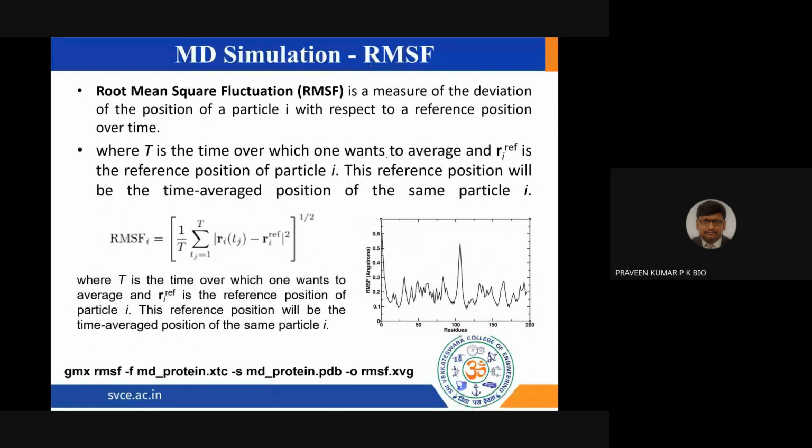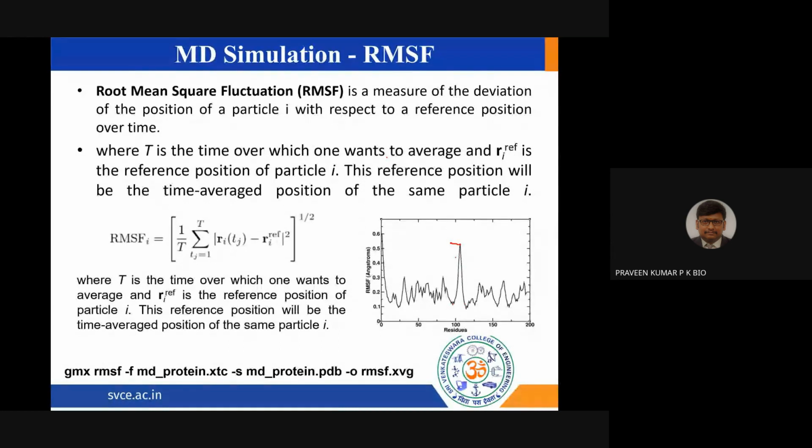And MD simulation RMSF, root mean square fluctuation. Actually, this is a measure of the deviation of the position of a particle with respect to a reference position over time. RMSF generally calculates the C alpha fluctuations, carbon alpha fluctuations. If you see this RMSF versus number of residues, you find more fluctuation nearly at 100 to 110 amino acids, more carbon alpha fluctuations.